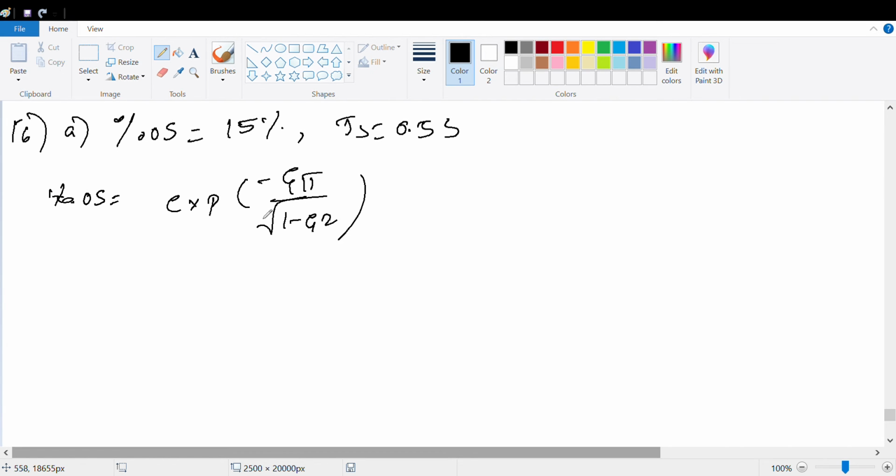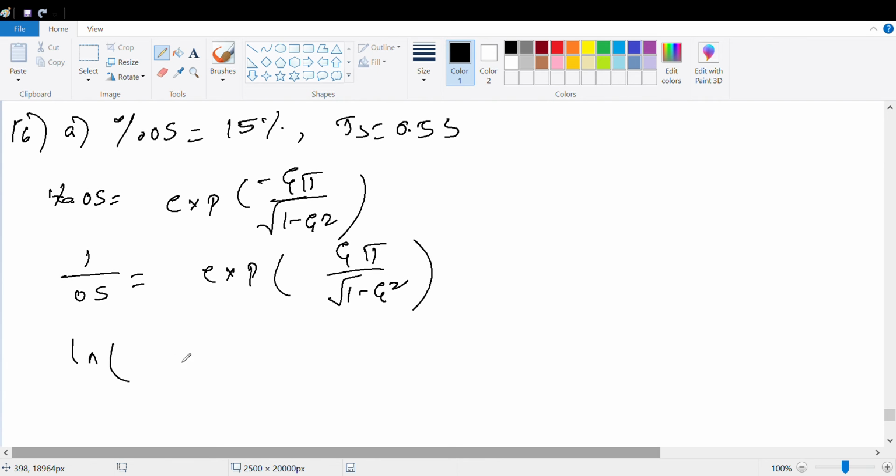So suppose 1 by OS is exponential power zeta pi by square root of 1 minus zeta square. Just remove the minus sign. If you apply ln, ln OS is zeta pi by square root of 1 minus zeta square.